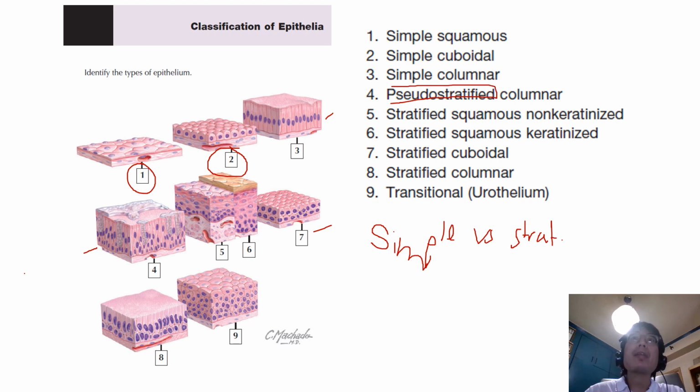Pseudo-stratified epithelium is special in that there is actually only a single layer of cells, but the cells are arranged haphazardly such that they give off the impression that there is more than one layer, when there is in fact only a single layer.